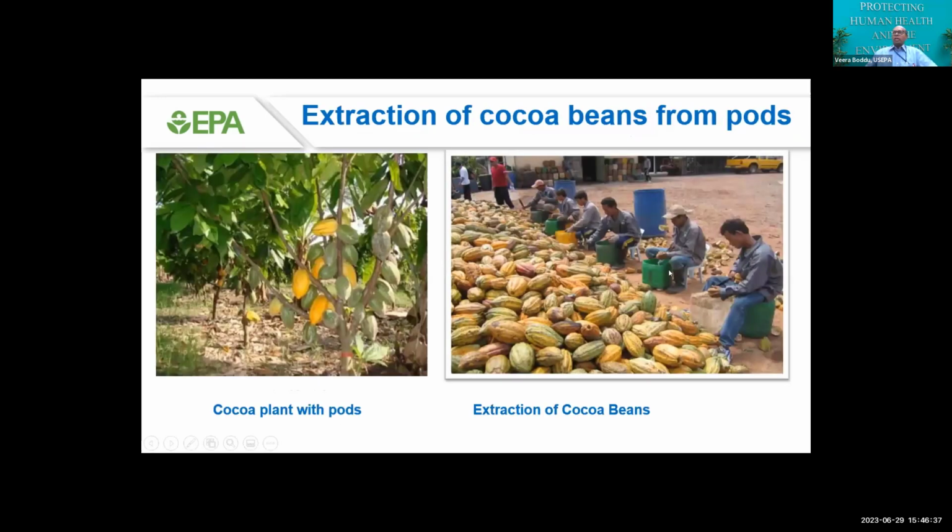Now a brief summary of the current topic, that is, extraction of cocoa beans from pods. As you can see, cocoa plants are grown mostly in hot and humid conditions under shade, such as palm trees or coconut trees.